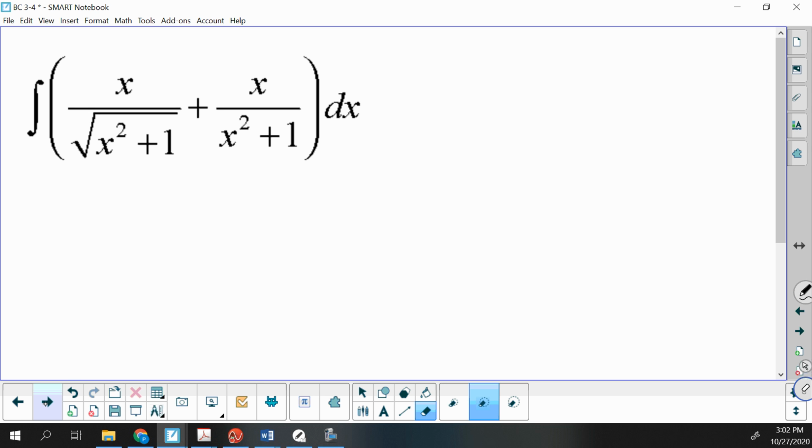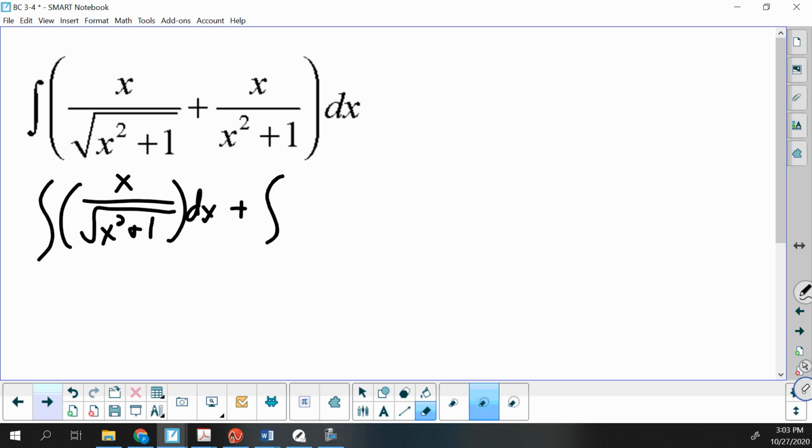Okay, going to the next page, we've got two separate parts. So let's split this into two separate integrals, because neither of the parts looks like it's going to be something quick.